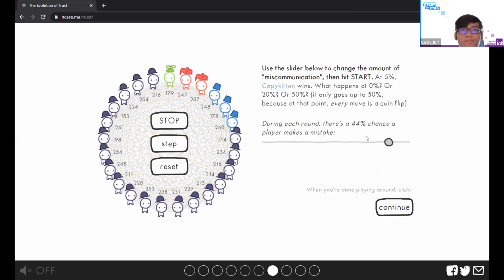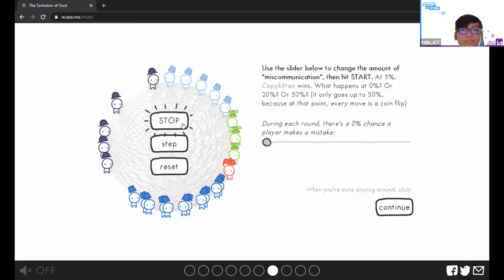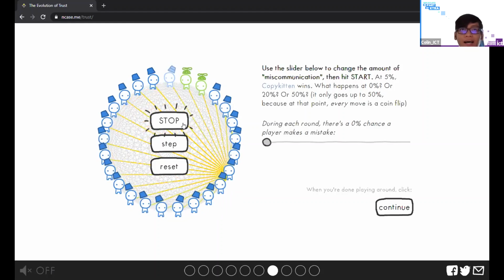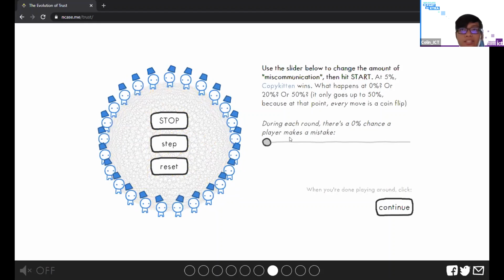It means that with fewer mistakes, the always cheater is unable to exploit the others. So I guess the copycat does win when there's a lesser chance of mistakes. Usually when players make more mistakes, the character that always cheats will be able to exploit it. So that is one thing to keep in mind.